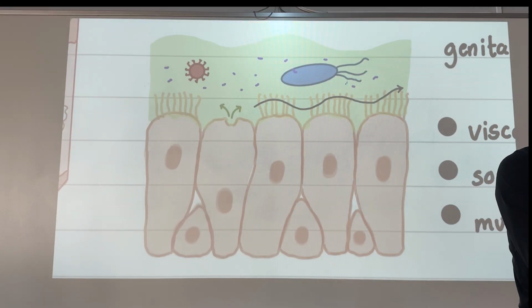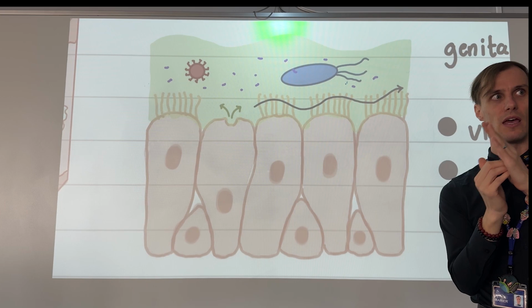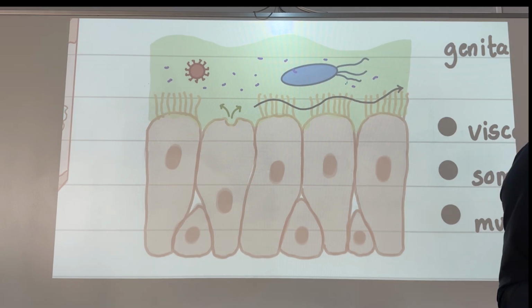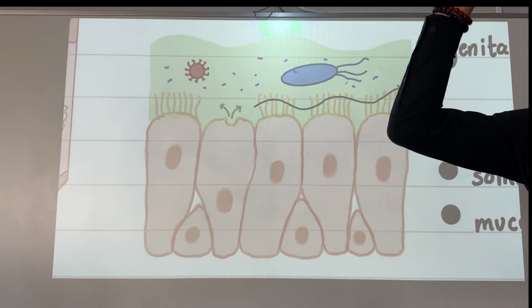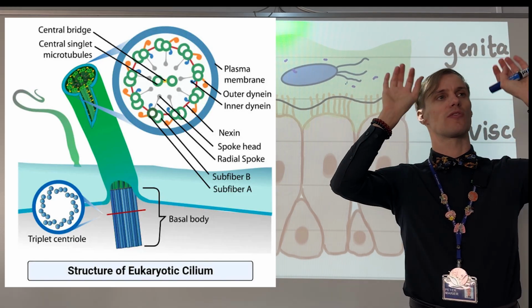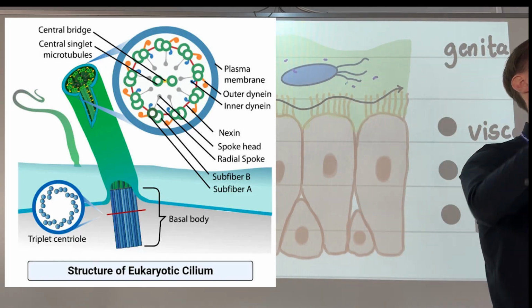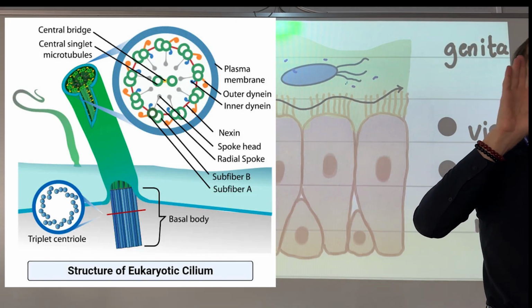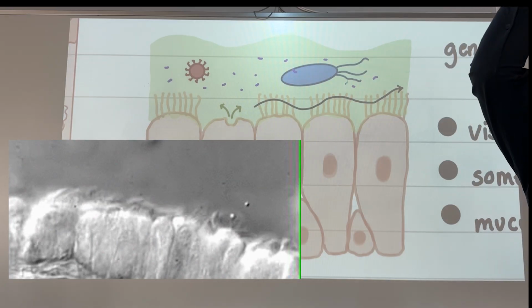Common misconception: can anybody tell me the difference between cilia and villi? Cilia are hair-like projections from the surface of a cell. They're always going to be lining the inside of a cavity of some kind, and their main function is movement of something above them.